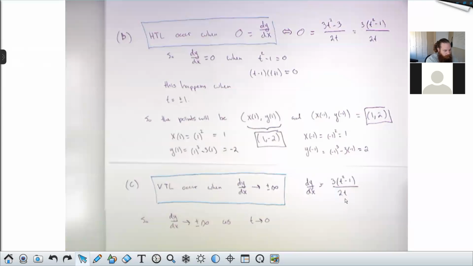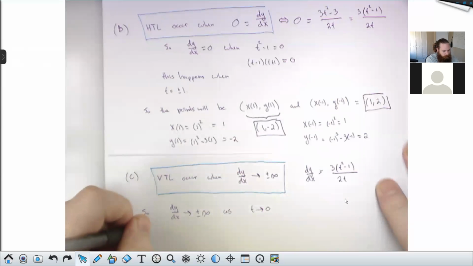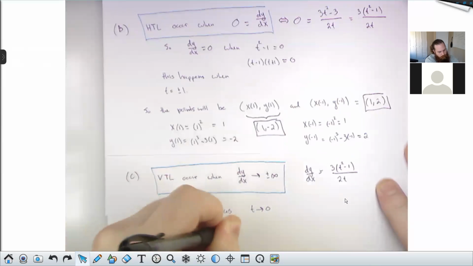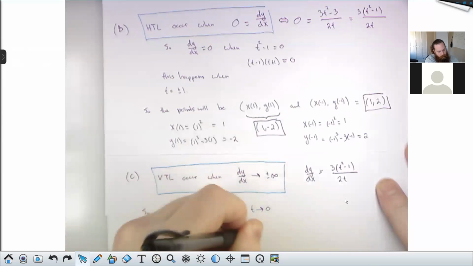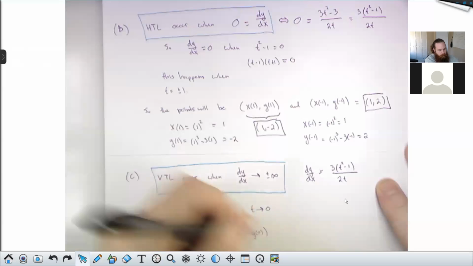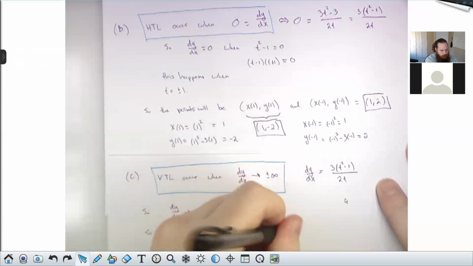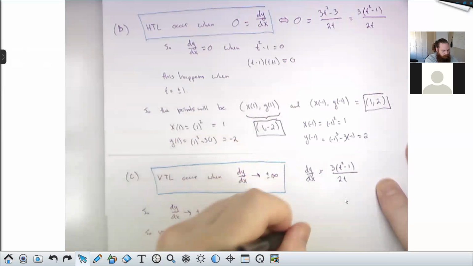So my VTL, so the points will be at x of 0, comma, y of 0. And x of 0 is 0. Y of 0 is also 0.